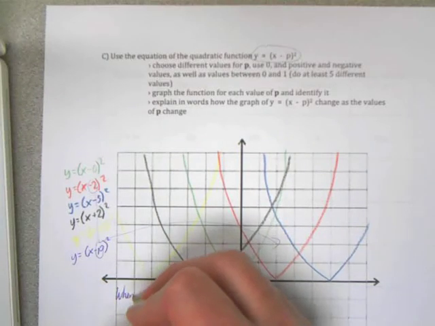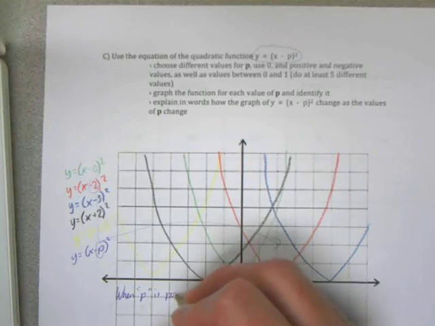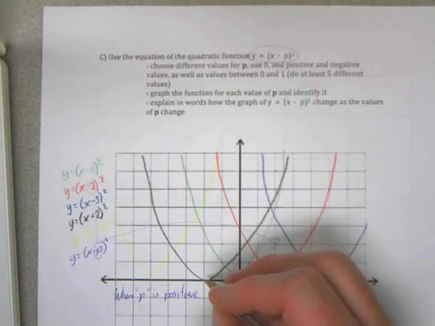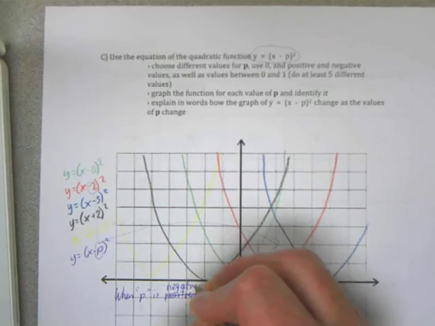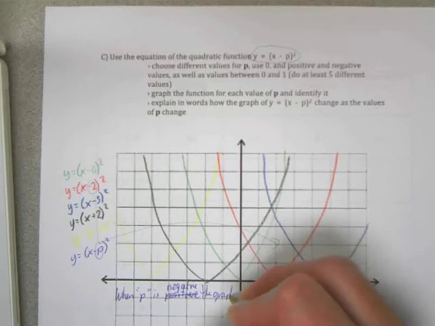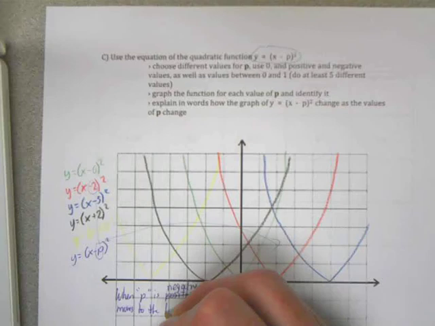So when p is negative, because in that question it's negative, we have -2, the graph moves to the left.